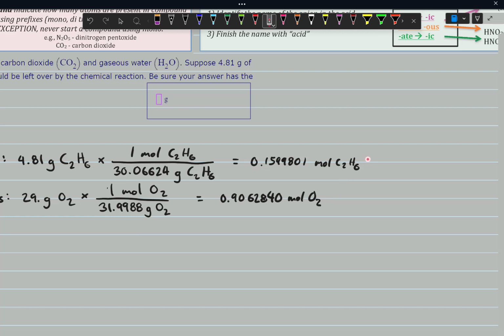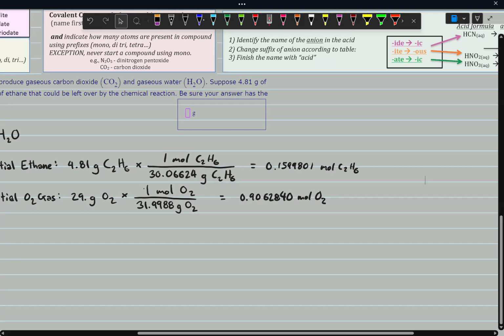So for instance, how much oxygen are we using for every 0.15998 moles of ethane? Or if you wanted to, you could also do how many moles of ethane is consumed by this amount of oxygen. But because we started with ethane, let's just find out how much oxygen is used by that amount of ethane first.